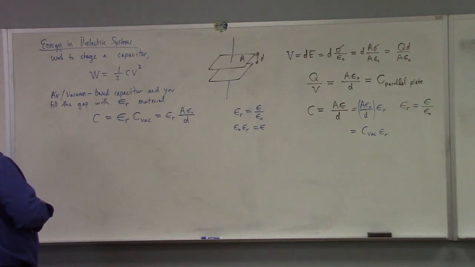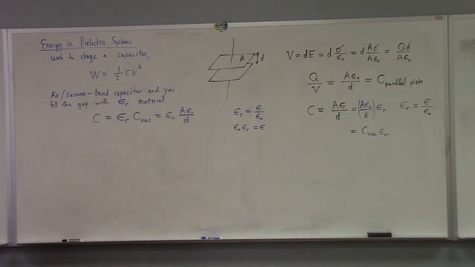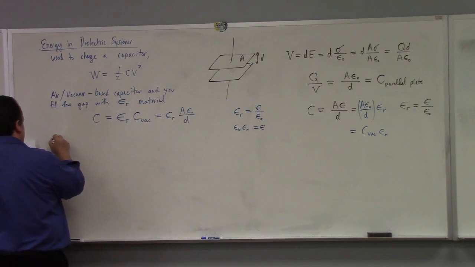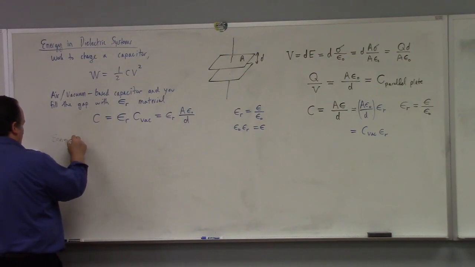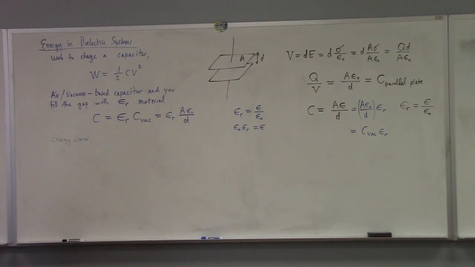And, all right, so he's like, recall what the energy stored in an electrostatic system was? One half epsilon naught E squared. Well, integrate that over space.